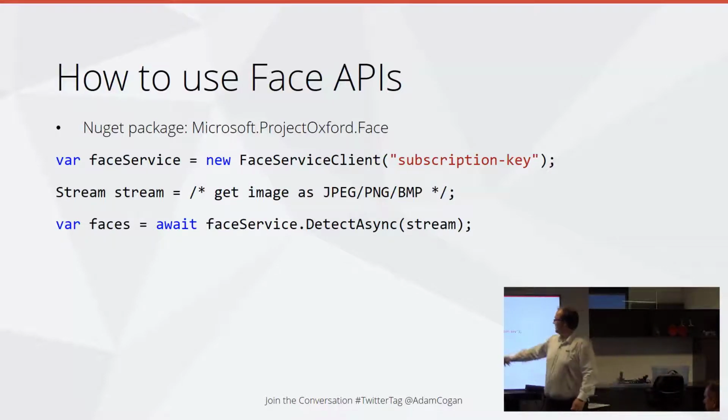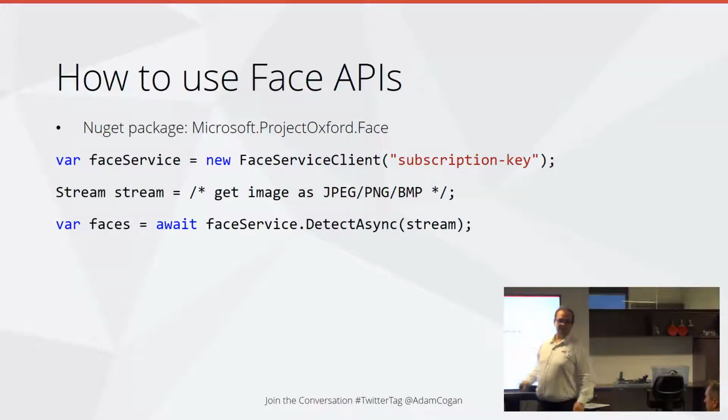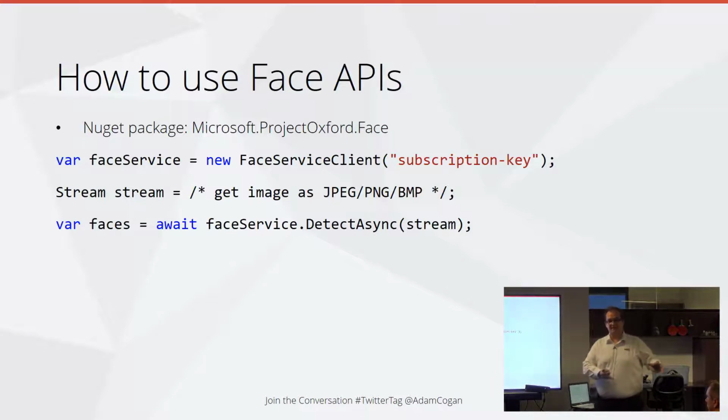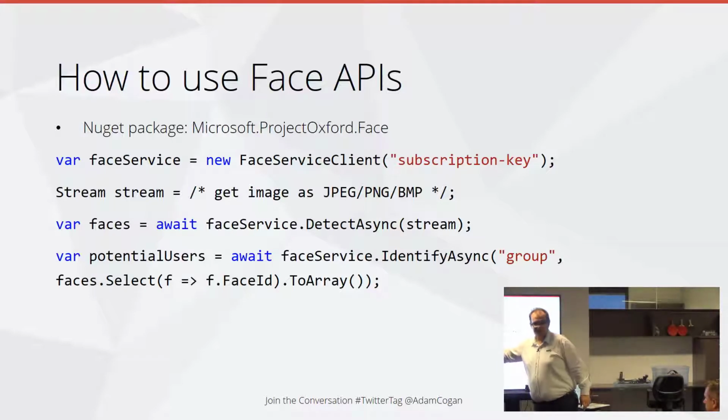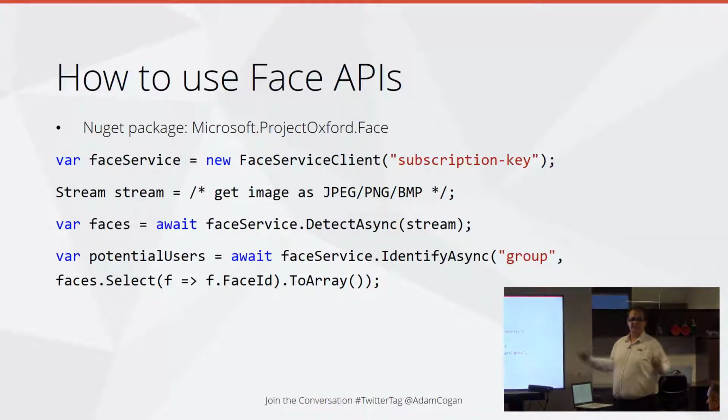And this is one part of the magic. We call detect, and we get all the faces that were detected on the image. We send those faces, the list of those faces, to the identify method, which basically does just a web call to identify all the faces and returns back the potential users.